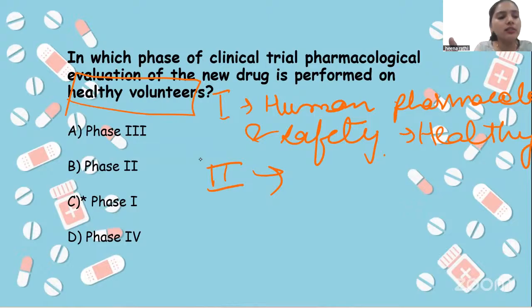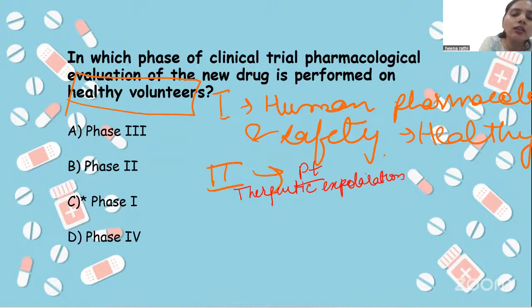Phase two means when we are going to see this effect on the patients. This phase is called therapeutic exploration and dose ranging.